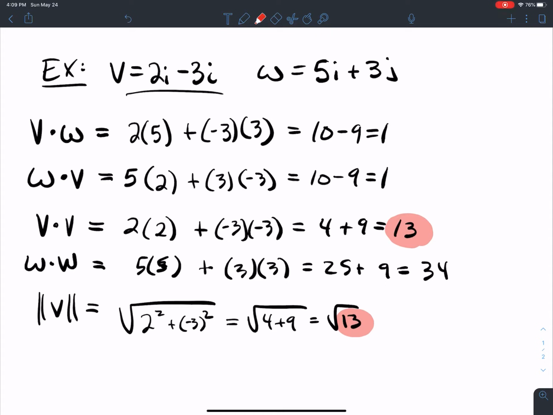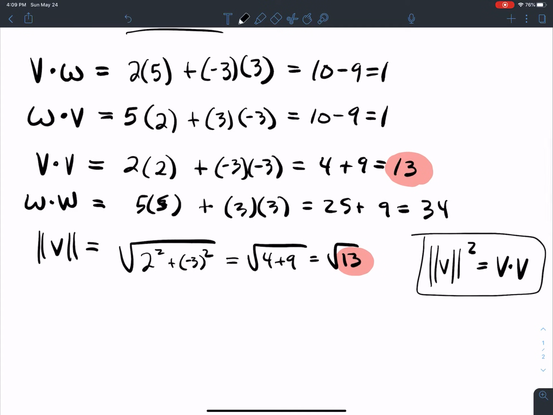There's some similarities going on there, huh? What is a connection you might notice? If I take the magnitude and I square it, it's actually equal to v dot v. So that's one connection you might find there.